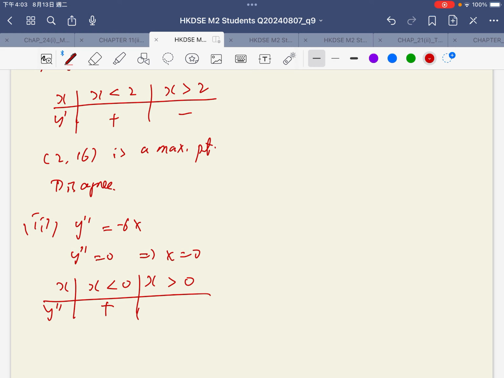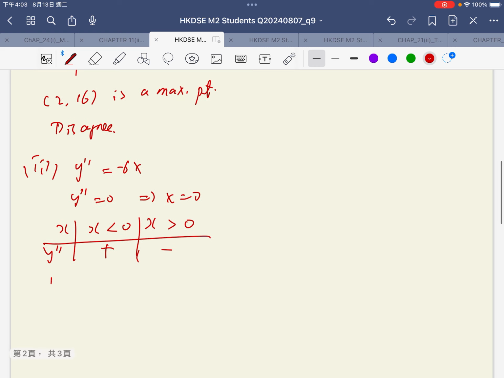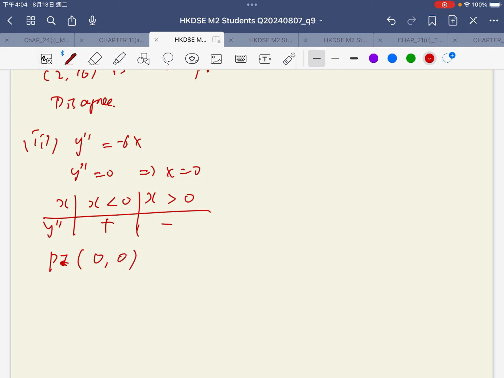I discovered that it changes sign from positive to negative. Therefore, it is actually a point of inflexion. Put 0 into this function, which gives 0. Therefore, (0, 0) is a point of inflexion.